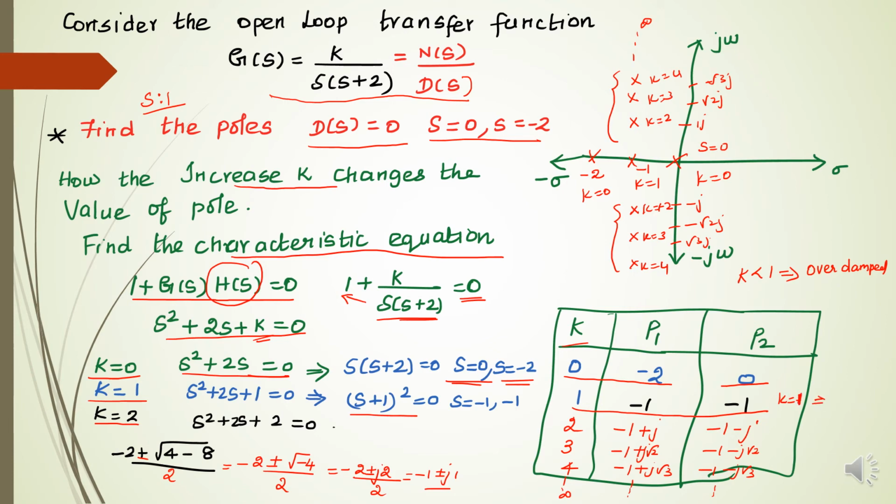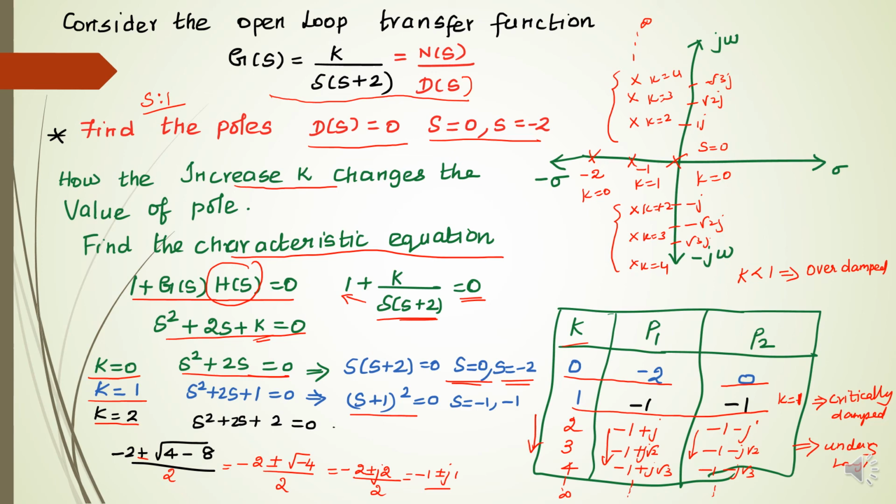So we can say that this is a critically damped system. And if we increase the K further, we get the underdamped system. These are about the characteristics of the roots for different systems.